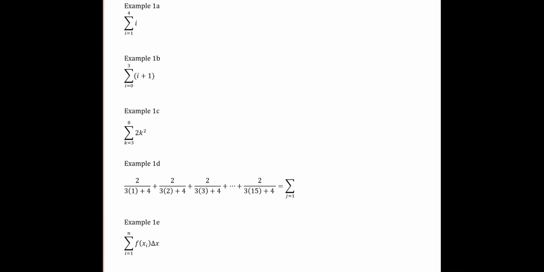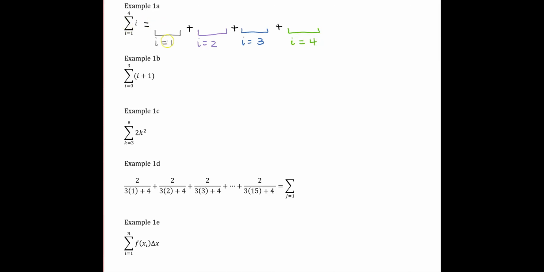Starting in example 1a, our lower limit is 1 and our upper limit is 4, and the ith term of our sum is I. So we're going to have a term when I is equal to 1, and then we will add the next term when I is equal to 2, then the third term when I is equal to 3. And our final term will be when I is equal to 4.